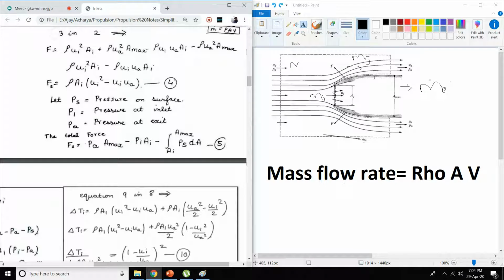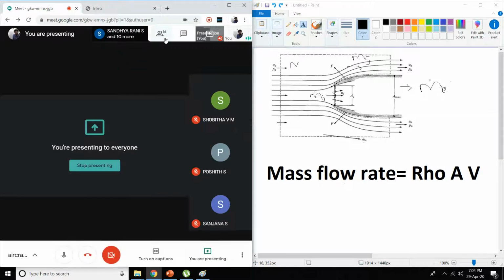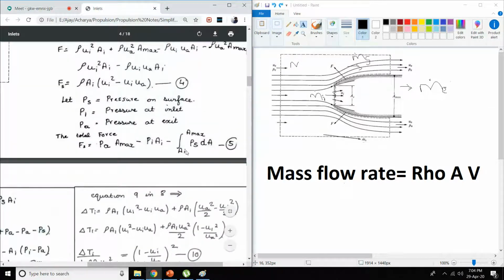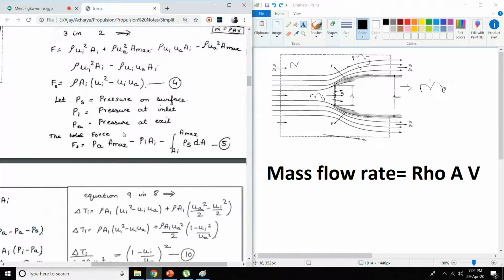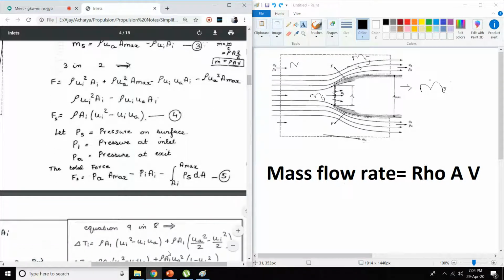So we don't know the surface value, we'll just take it as ps into dA, we don't know the surface area value, we'll integrate it from ai to a max, whatever the maximum area it is going. So we'll just write this expression, just write it down up until there. So hope you understood. So this was your thrust force, and this is your pressure force.